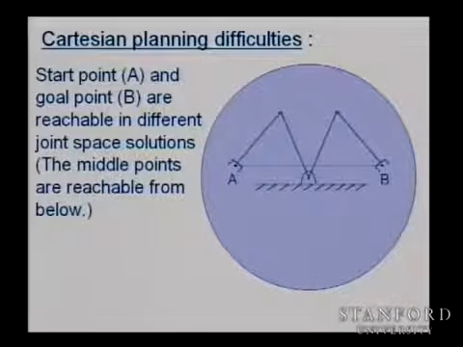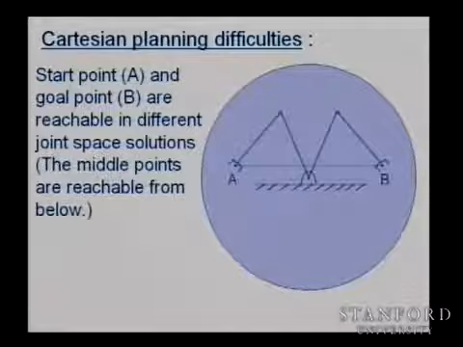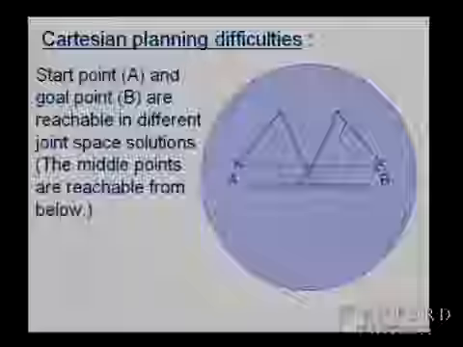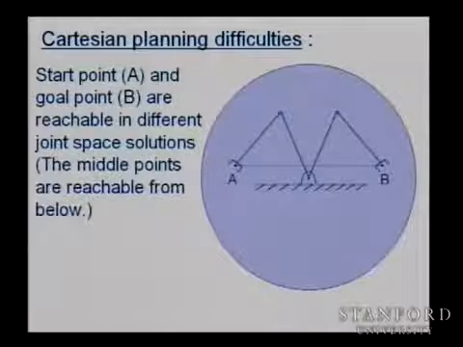So we cannot go from point A to point B in a continuous motion along that path, because point A is reachable from the left configuration, if you want, and point B is reachable from the right configuration, and they are not intersecting in the middle. This is the type of problem that we can encounter when we are planning in Cartesian space only.